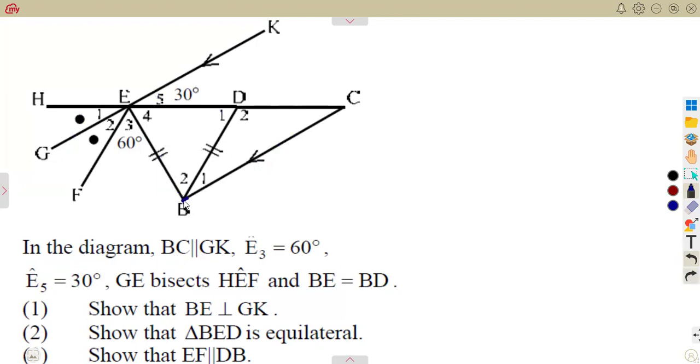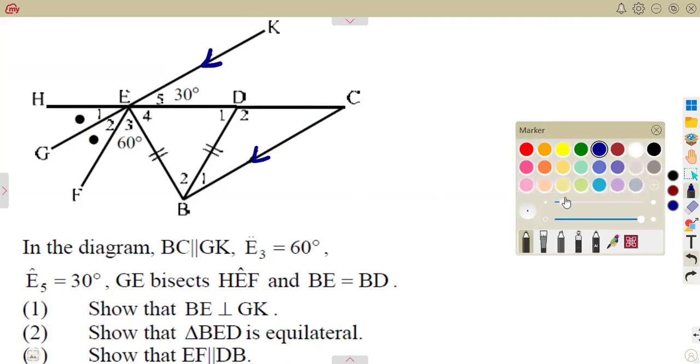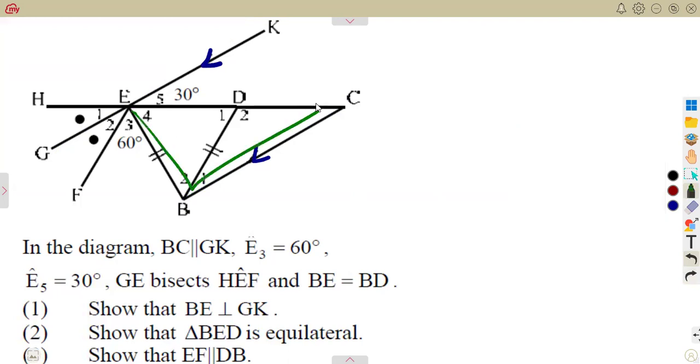That is the side BC and GK, they are parallel. That is the only part that we have out of our diagram, where we've got a triangle and also the indications of the lines which are equal.